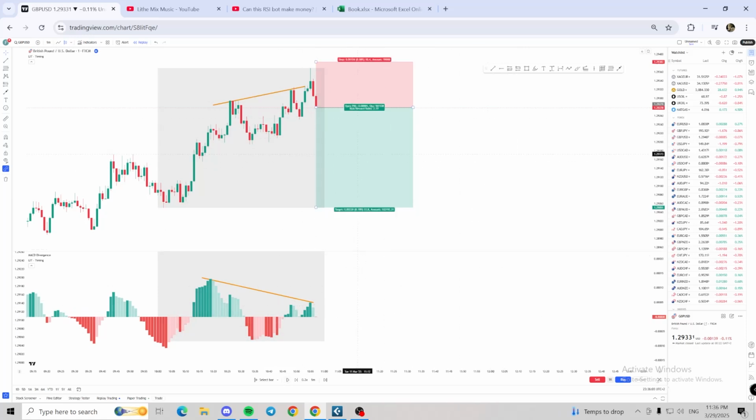The only problem with this setup is it has a 10 pip stop loss, so I don't usually take that high of a stop loss, so let's just take it off. And also it is kind of late in the session.